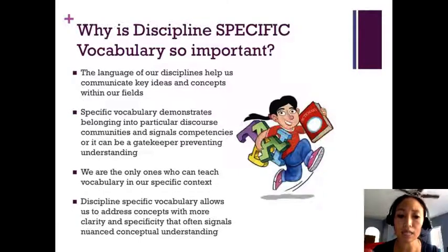The final thing is that discipline-specific vocabulary allows us to address concepts with more clarity and specificity and often signals that nuanced conceptual understanding that can be so hard for our English language learners. So when we are focusing on vocabulary or specific vocabulary phrases, it helps us to really get down to what we mean and nuance what we mean in different ways than if we're talking just generally.